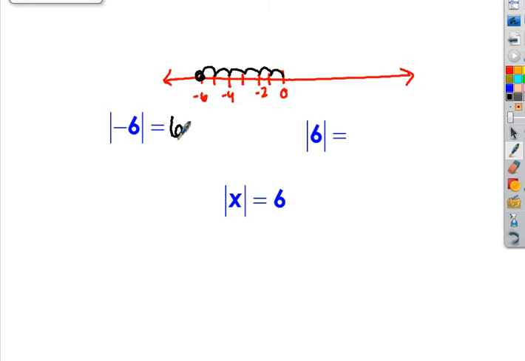So the absolute value of -6 is +6. Going the other way, talking about the absolute value of +6, 1, 2, 3, 4, 5, 6. That number would be right here. And if I counted, how far away is that from 0? Well, it's 1, 2, 3, 4, 5, 6 spaces.